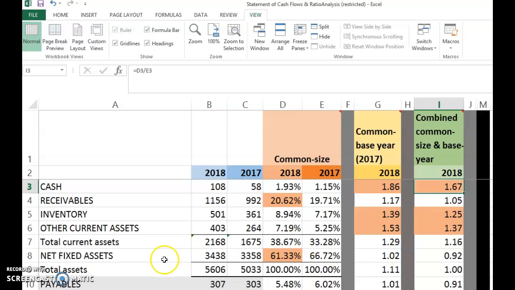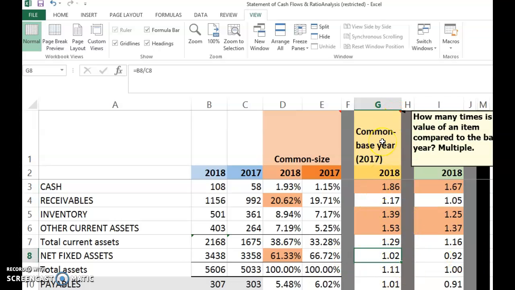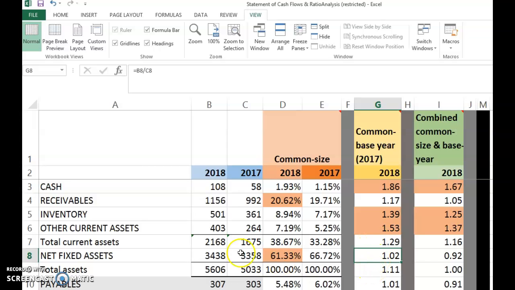So let's take this item, net fixed assets. You find that it is 1.02 based on common base year measurement. 1.02 means it has increased. Net fixed assets is higher in 2018 compared to 2017. But if you look at this, it's 0.92 in combined common size and common base year.